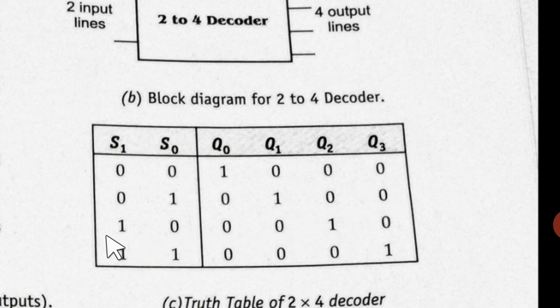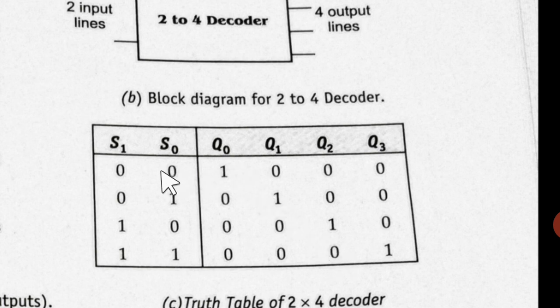Then the combination is 1 0. 1 0 produces which decimal number? 2. So Q2 is having 1 and the rest of the columns are having 0. And the last one is 1 1, which represents decimal number 3. So Q3 will have the value 1, and the rest will be 0 0 0.